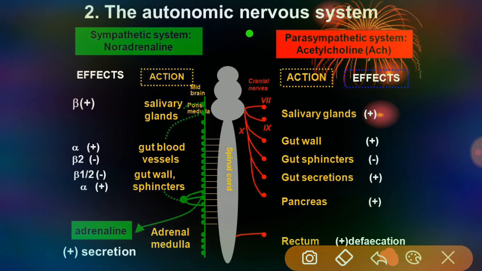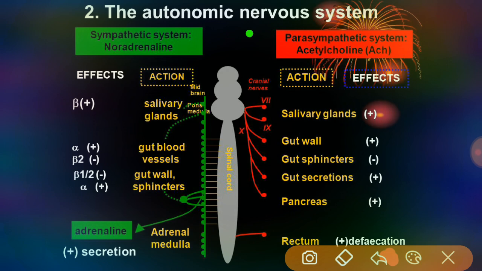So this autonomic nervous system can function independently, regulated by the neurons. Especially in the autonomic nervous system we can visualize both the sympathetic and the parasympathetic nervous system. In the autonomic nervous system the vagus, 10th nerve, supplies the parasympathetic fibers especially.